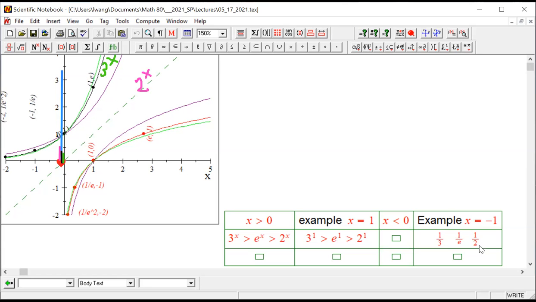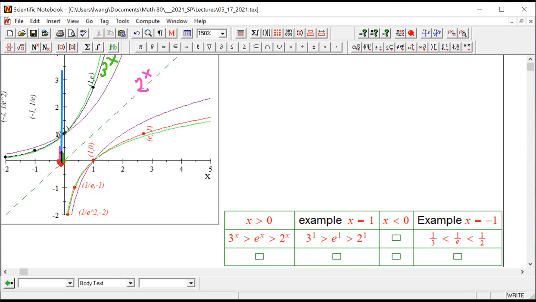So obviously the purple height, which is half, is larger than the black, and the black is larger than 1/3. Do you guys follow me? So that's the visual. Yes or no? Any questions?